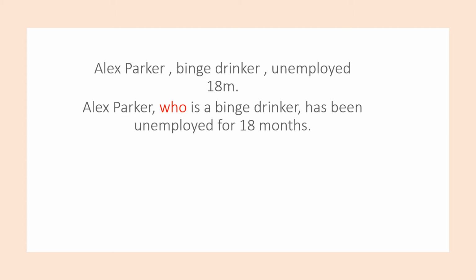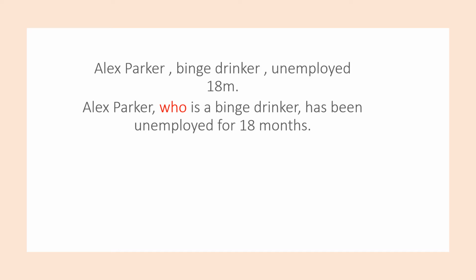So we will say it like: Alex Parker, comma, who is a binge drinker, comma, has been unemployed for 18 months. And we will write months complete, not M alone. So we will write it unemployed for 18 months, then full stop.